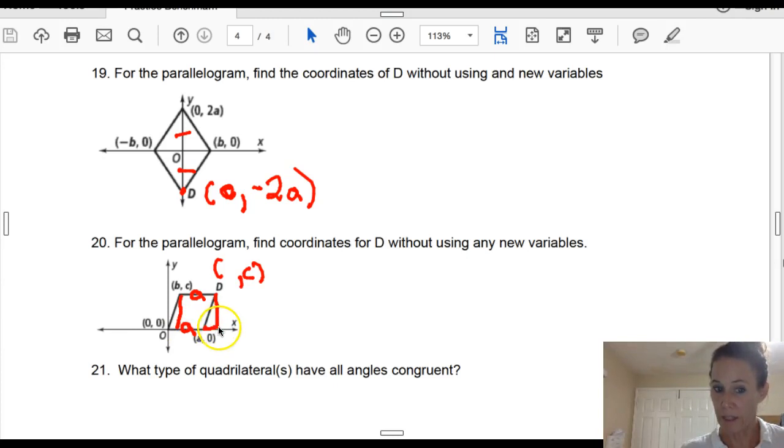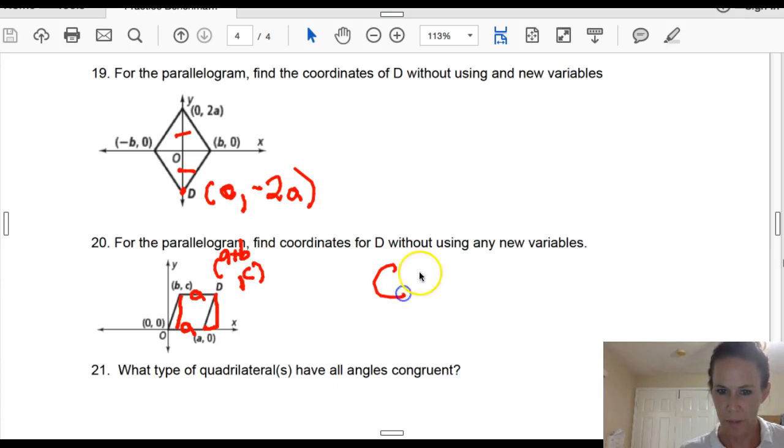Right here is a, and that little section left over is b. I go over b here, and then I add this length a. So this point all the way to here is going to be a plus b. That's my x part, and then my y part is c.